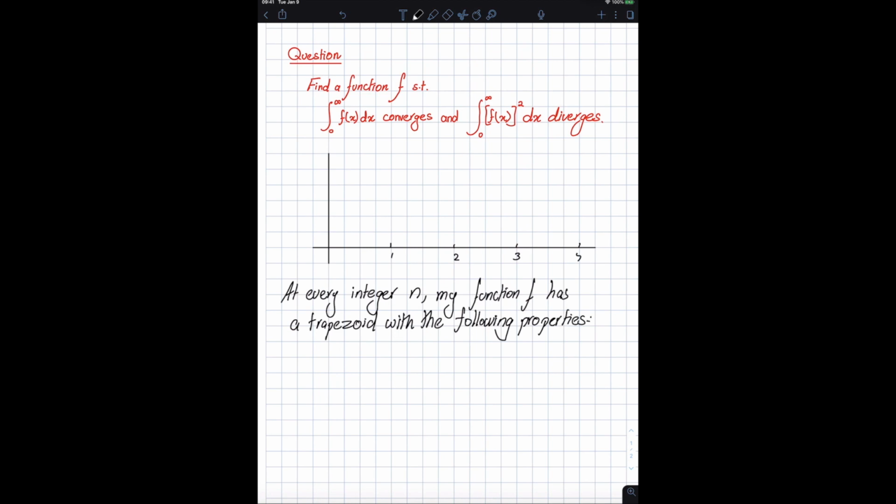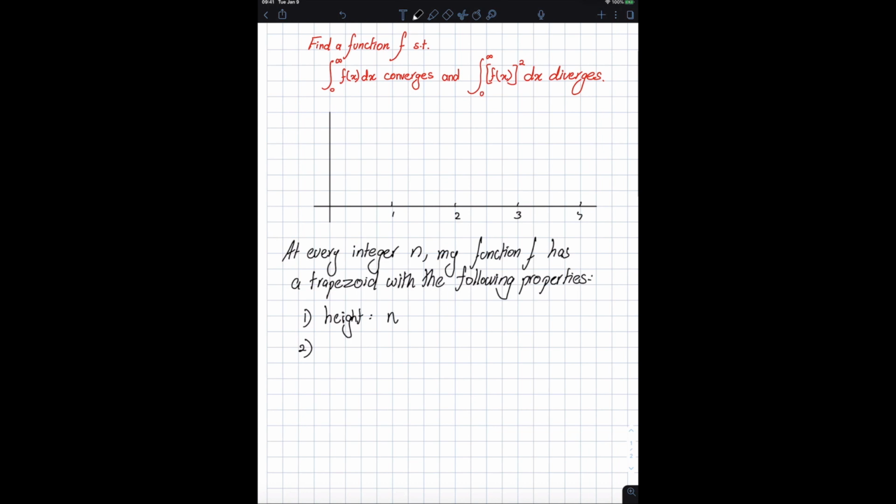Number one, the height of the trapezoid. So I have to state the height. The height of the trapezoid is going to be n. Number two, the length of the bottom base is going to be, well, let's say 1 over n cubed. And the length of the top base is going to be 1 over 2n cubed.